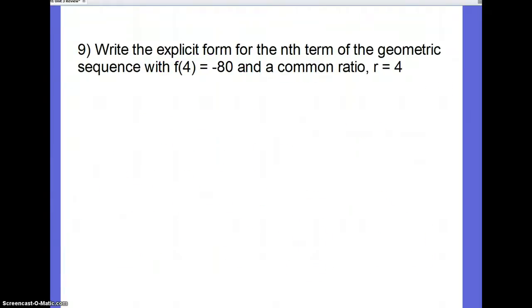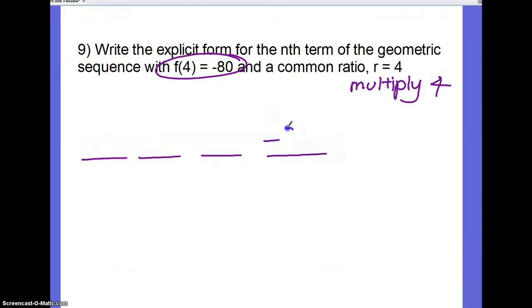Same thing, except we're given the fourth number. Again, it says it is geometric. We are multiplying by 4. So we've got 1, 2, 3, 4 is negative 80. So the fourth number.